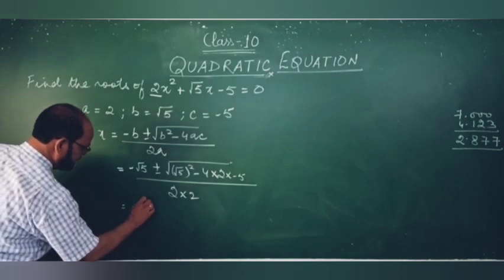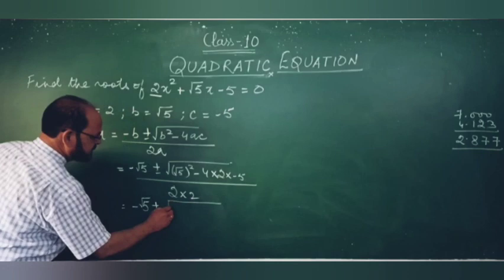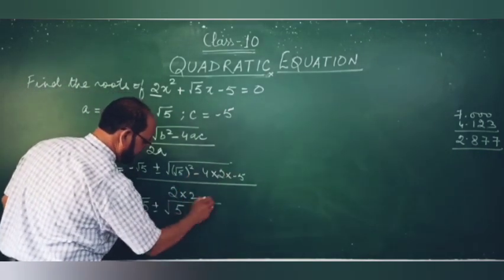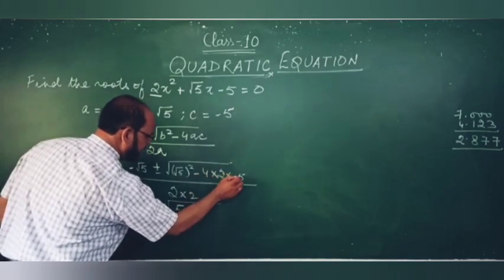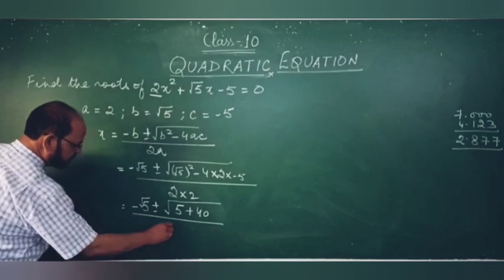This is under root 5 plus minus, under root 5 square will give you 5, and negative and negative will become positive. 4 2s are 8, 8 5s are 40, upon 2 2s are 4.